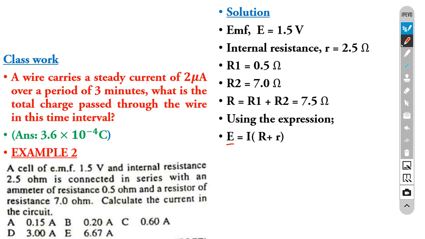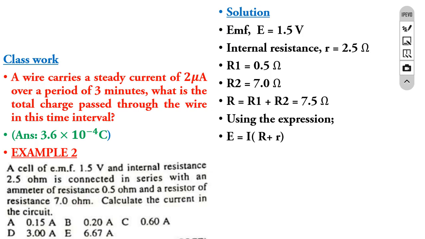We are to find I, calculate the current, so we don't have I, but we have R, 7.5 here, and we have small r, this other one. So all we need to do is to solve for I. To solve for I from there, I believe you should know what to do from here. I wanted to allow you, but I will try this.